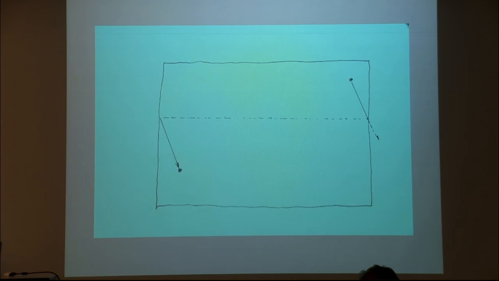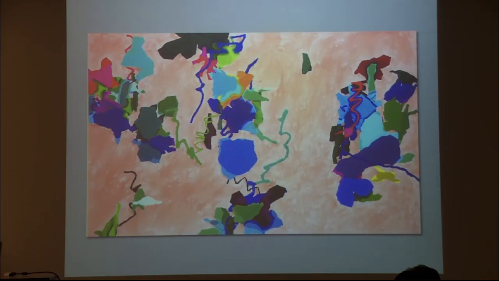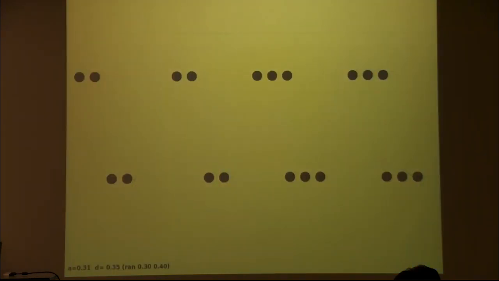Now, if you think about it, if A is constant throughout this process and D is constant throughout this process, you would expect to get a fairly regular configuration, although you might not expect it to be quite as regular as you would actually get. So you don't keep both of them constant.